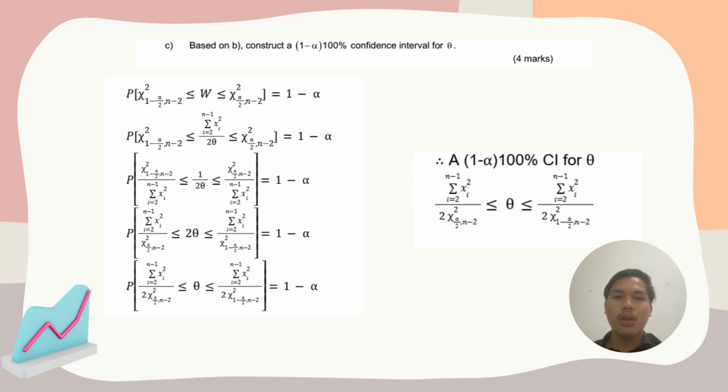Therefore, a 1 minus alpha 100% CI for theta is summation from i equal to 2 to n minus 1 of Si square over 2 chi-square alpha over 2, n minus 2 less than or equal to theta less than or equal to summation from i equal to 2 to n minus 1 of Si square over 2 chi-square 1 minus alpha over 2, n minus 2.